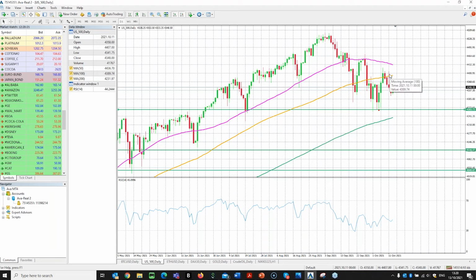Obviously, if the price breaks above the highs of that one, then that means you need to reverse your trade at that time. What do I mean by that? Let's say the price goes up, breaks the 100-day simple moving average and closes above the high of this one. Then what you would do is completely opposite. You could place your stop loss below the 100-day simple moving average, wherever the price is.